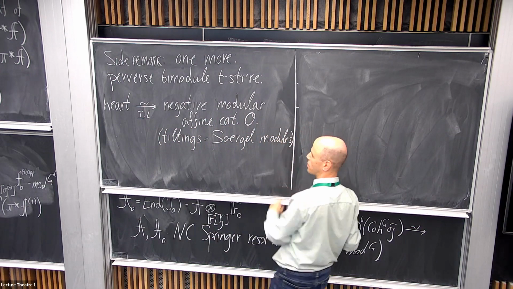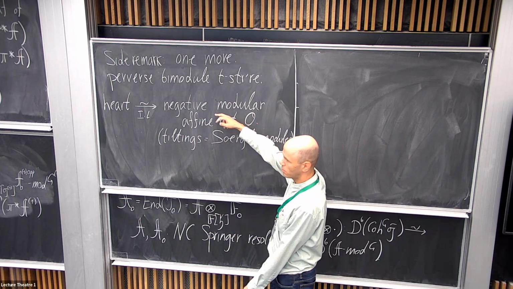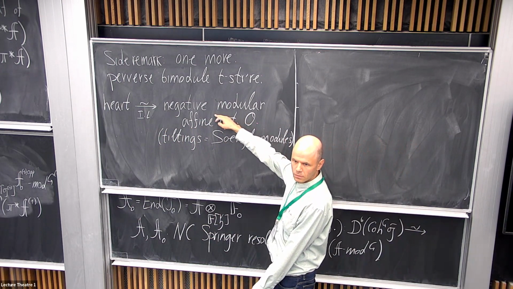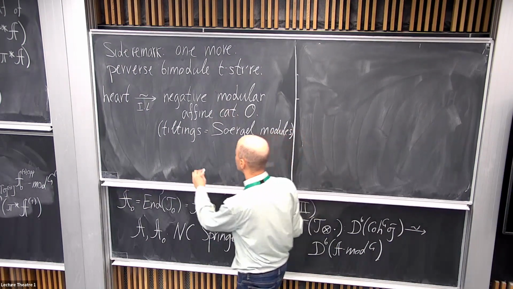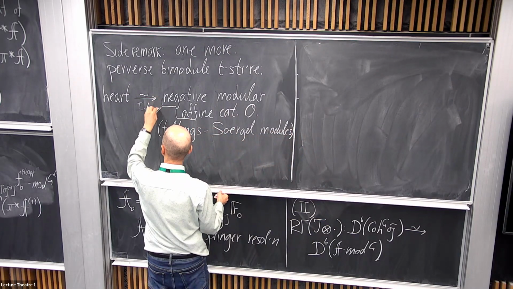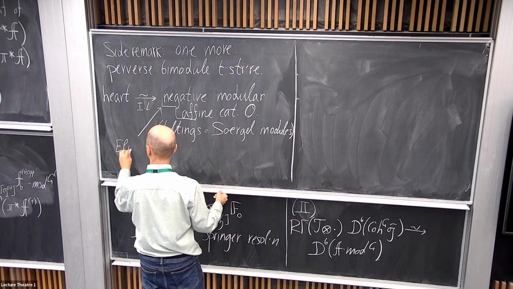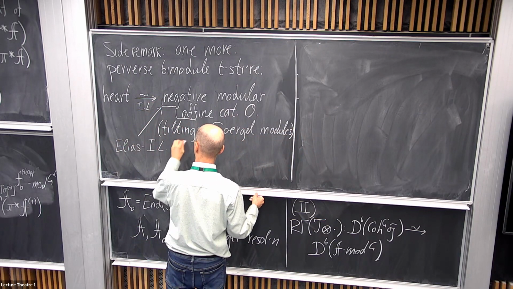If you were to do the thing in characteristic 0, then here you would get a principal block of negative level affine category O. The same makes sense in positive characteristic, and this category was defined by Ben Elias and myself in 2017.